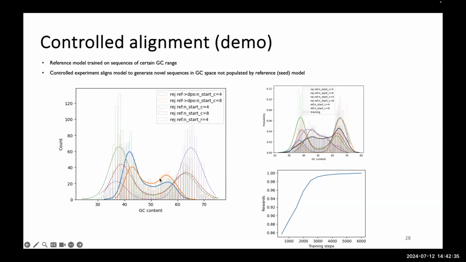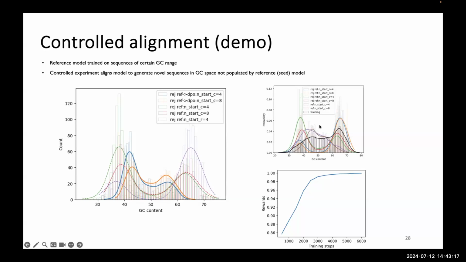For example, if you take the MDH family, and if you take a simple property like GC content, which is the fraction of the G's and C's in the sequence, one control experiment you can ask is, if I started off with a fine-tuned model that saw sequences of only a certain range, am I able to do this alignment and result in a model that is able to fill the gaps that the seed model missed out? That was the idea here, and that's what is in the collab.